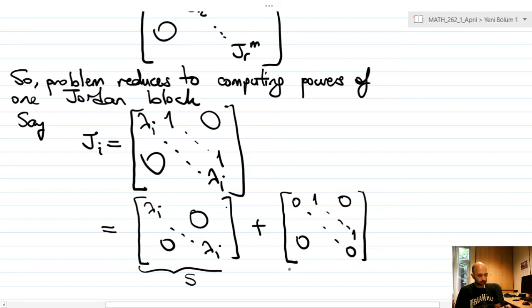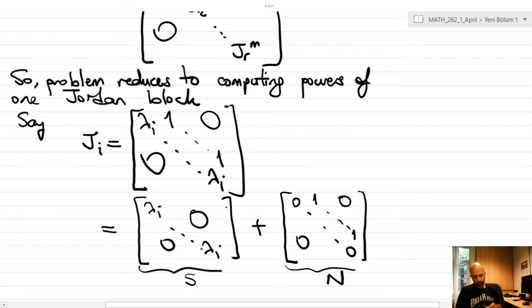So S plus N, well, it's easy to check. I mean, S is semisimple, it's already diagonal, N is nilpotent, some power of it is 0, and they obviously commute simply because S is a multiple of the identity matrix. Therefore, this must be the S plus N decomposition for this Jordan block. Now, let us apply what we learned.